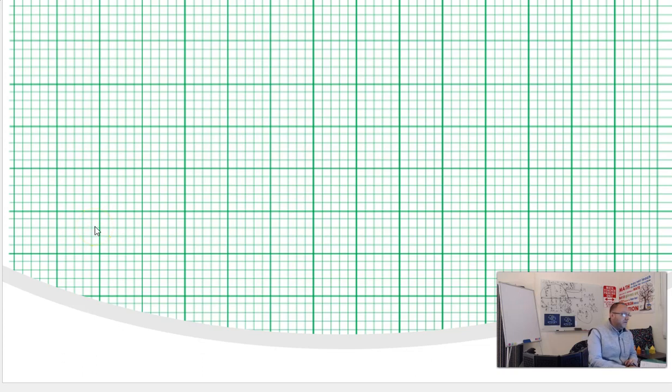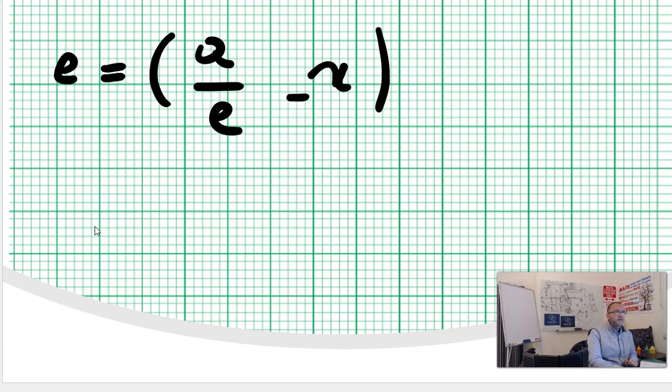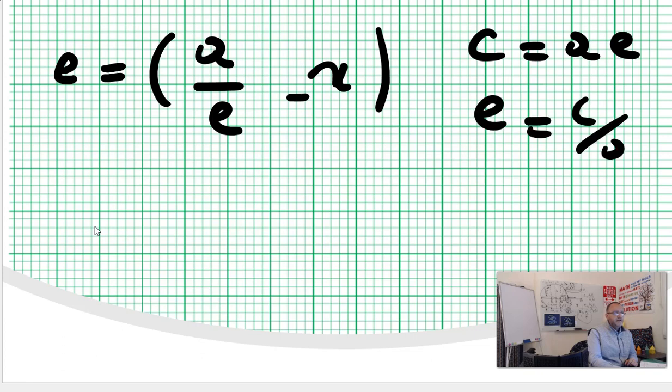And you know that leads me to this. PF1 equals E times A divided by E minus x, right? And you know that C equals A times E. So E equals what? C divided by A. So what do I get? So I'm sorry, this is times. PF1 equals this.